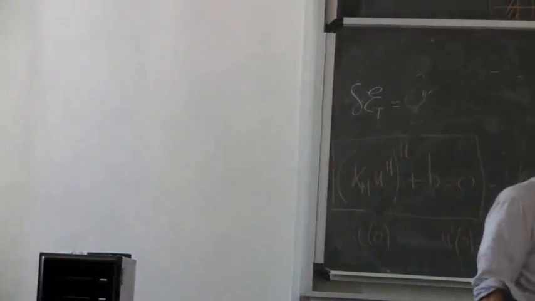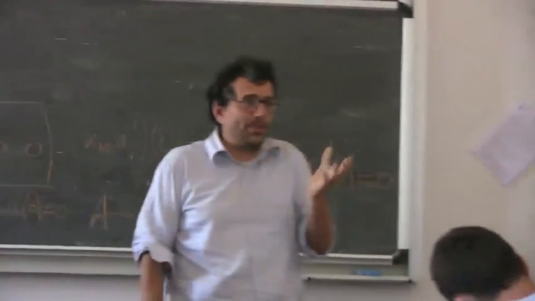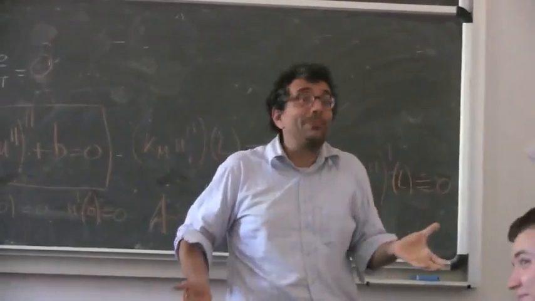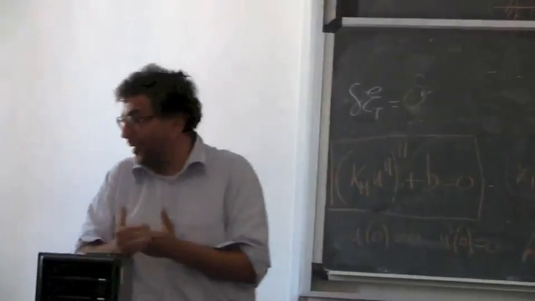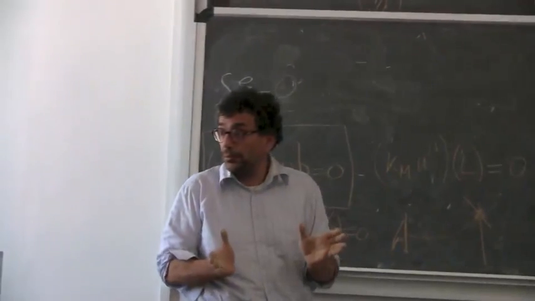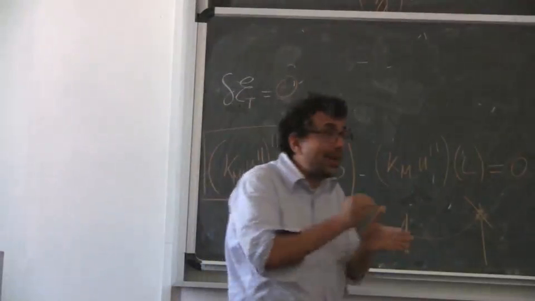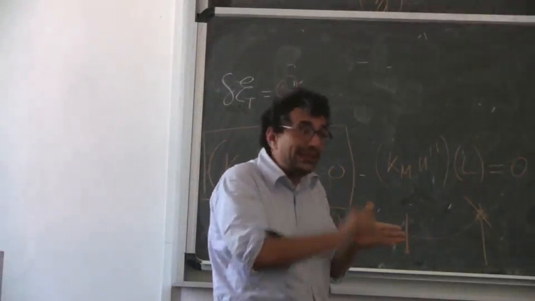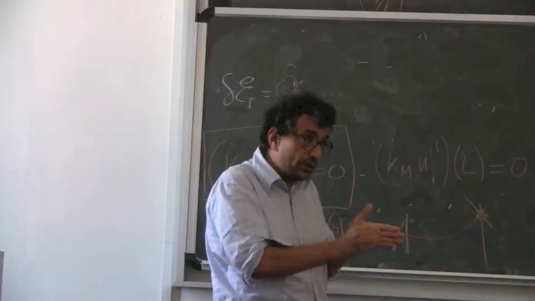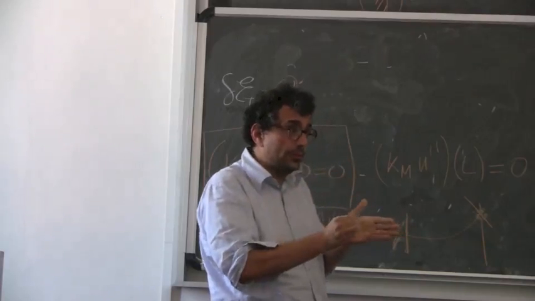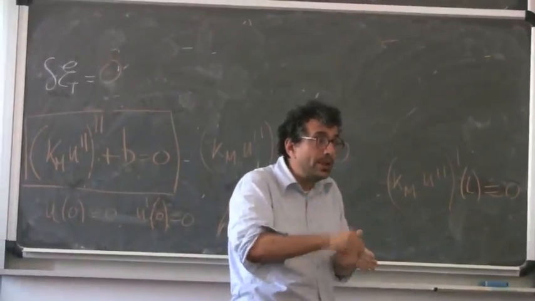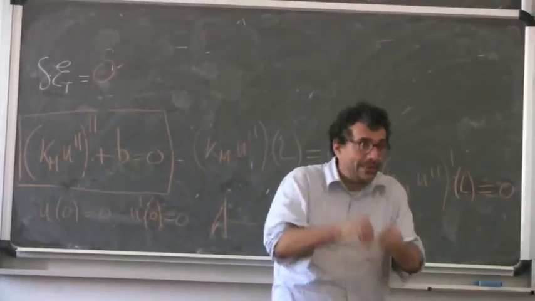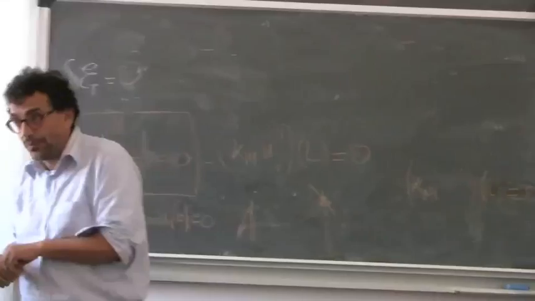Of course, every woman wants to be as rich as possible. Okay? But we have a budget constraint. We cannot give her more than what we earn. Okay? So there are admissible states. So you must fix at the beginning the set of configurations which are accessible. Then you look for the minimum of the energy among accessible states. Okay?